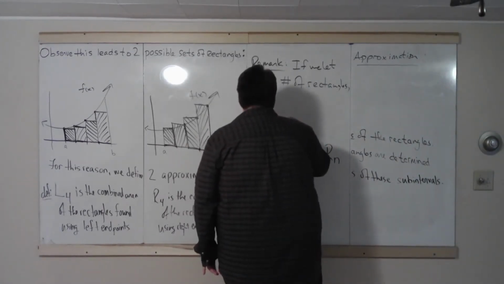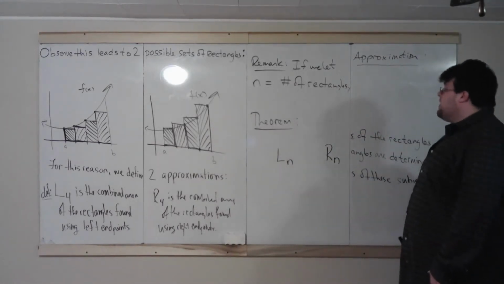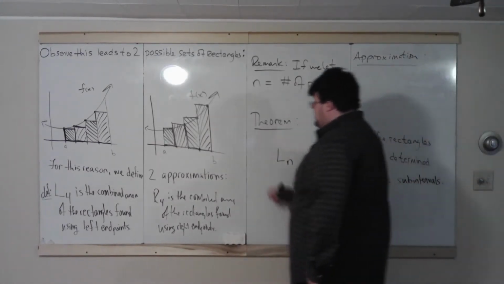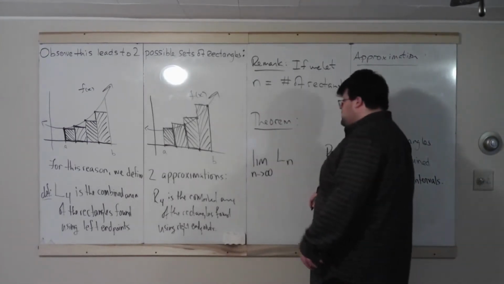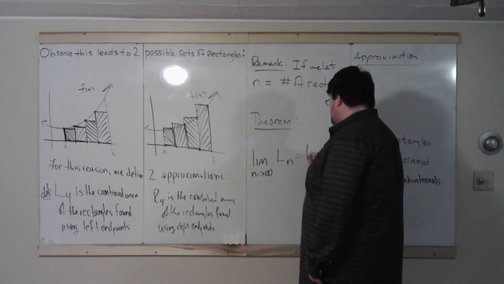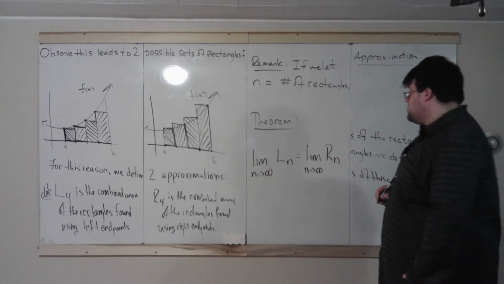So, theorem. Remark, if we let n be the number of rectangles, then we have this theorem. The limit, as n goes to infinity, of the left approximation equals the limit as n goes to infinity of the right approximation.